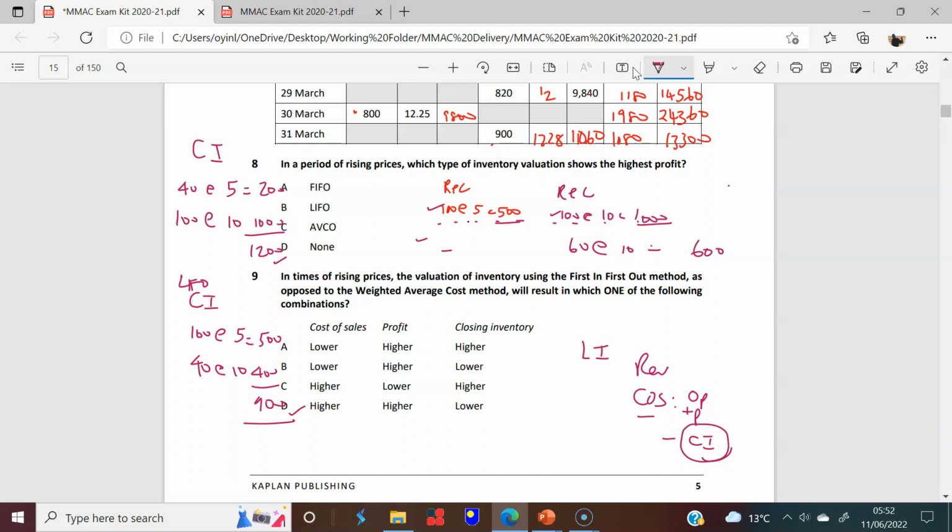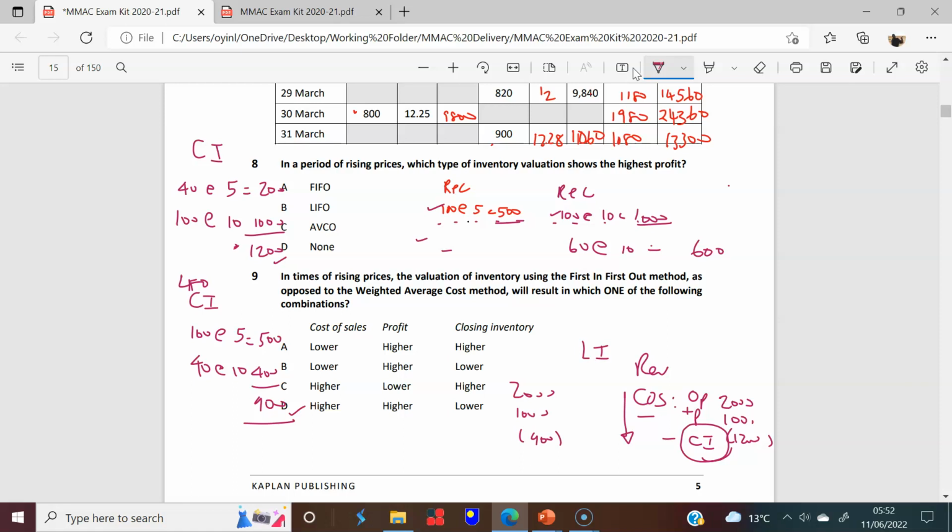Imagine this had been 2,000, and then I'd done some work for 1,000. Well, when I take off my closing inventory, which is pretty high, your cost of sales ends up being smaller than if I had closing inventory that was only 900. I'll have a much higher cost of sale.